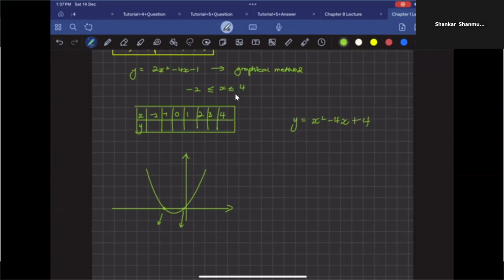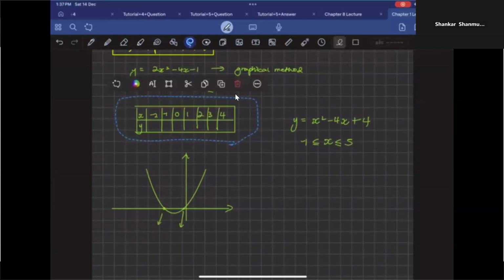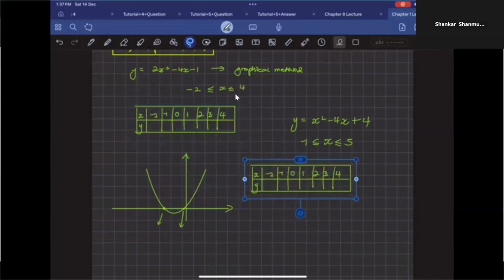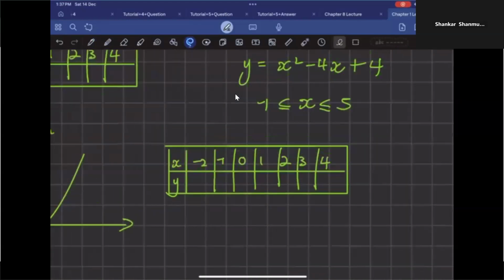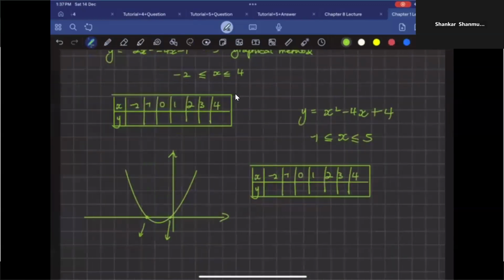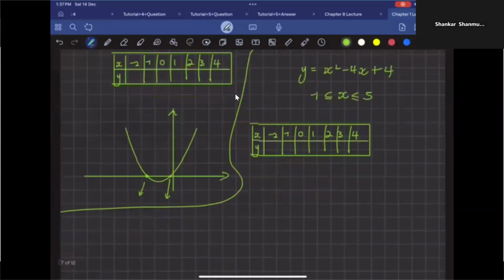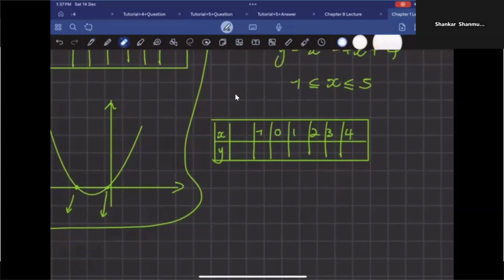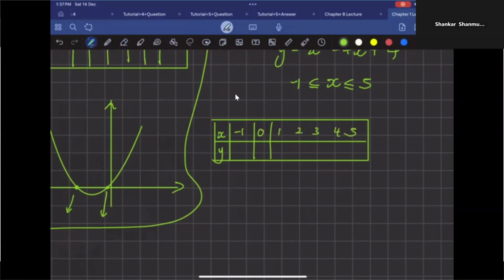If the question says that x ranges between 5 and -1, we draw the table again. -1, 0, 1, 2, 3, 4, 5. Then you calculate the y value for it.